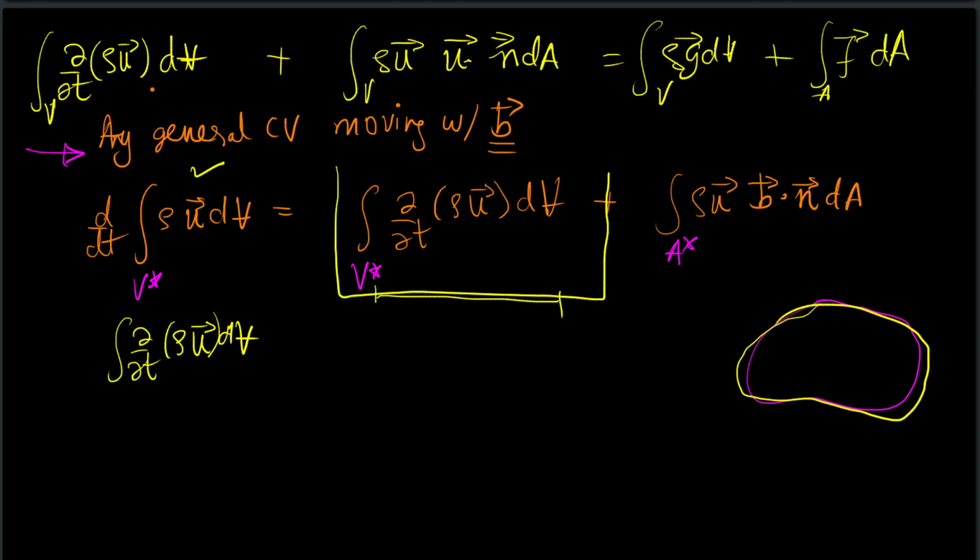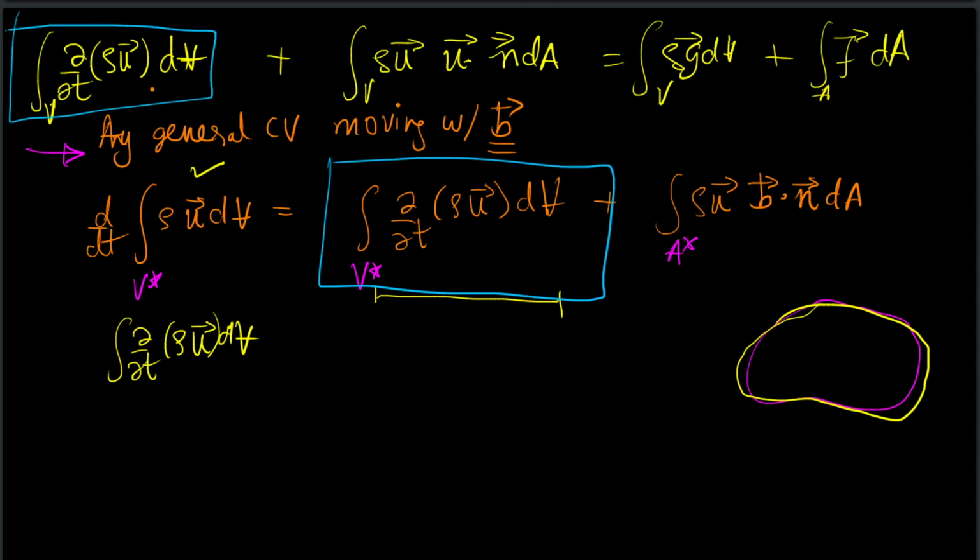So basically this particular term is equal to this particular term. So the time derivatives are equal. Okay. So in this case, if they are equal, I can substitute this expression over here.